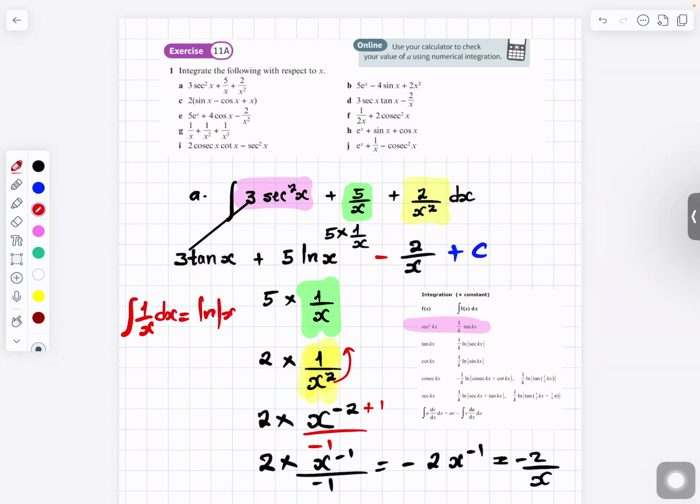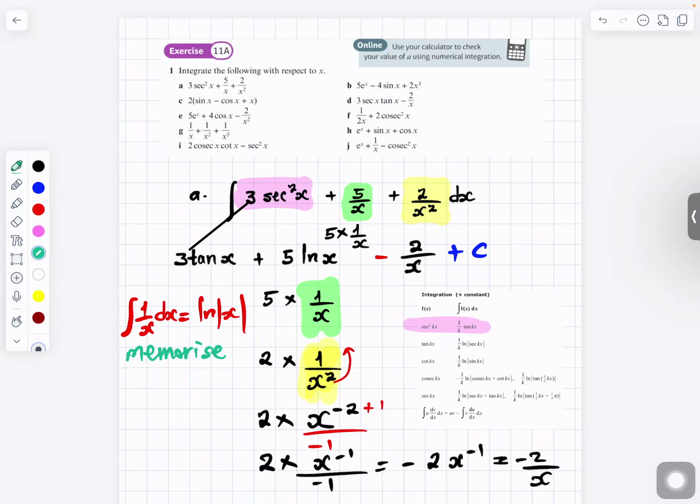And they put the ln x in an absolute sign because they only want the positive values. So the integral of 1 over x is ln x. You just have to memorize that. You can prove it to show that it works, but they're wasting your time. They don't ask you to prove it in exams. So just memorize that and the other formula, and that'll help you with integration.